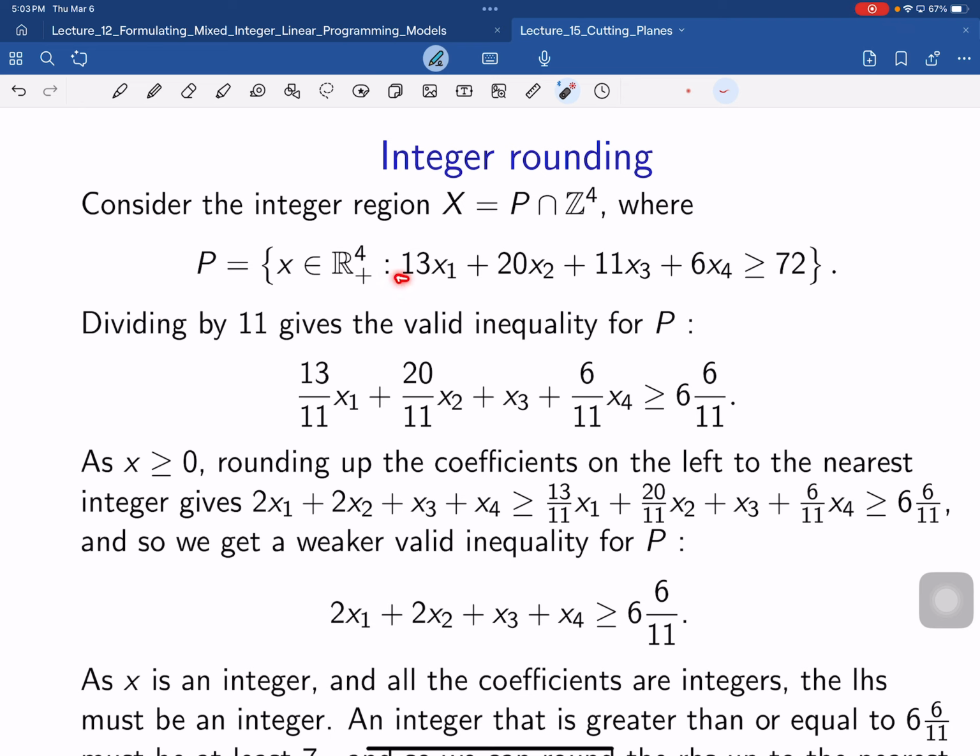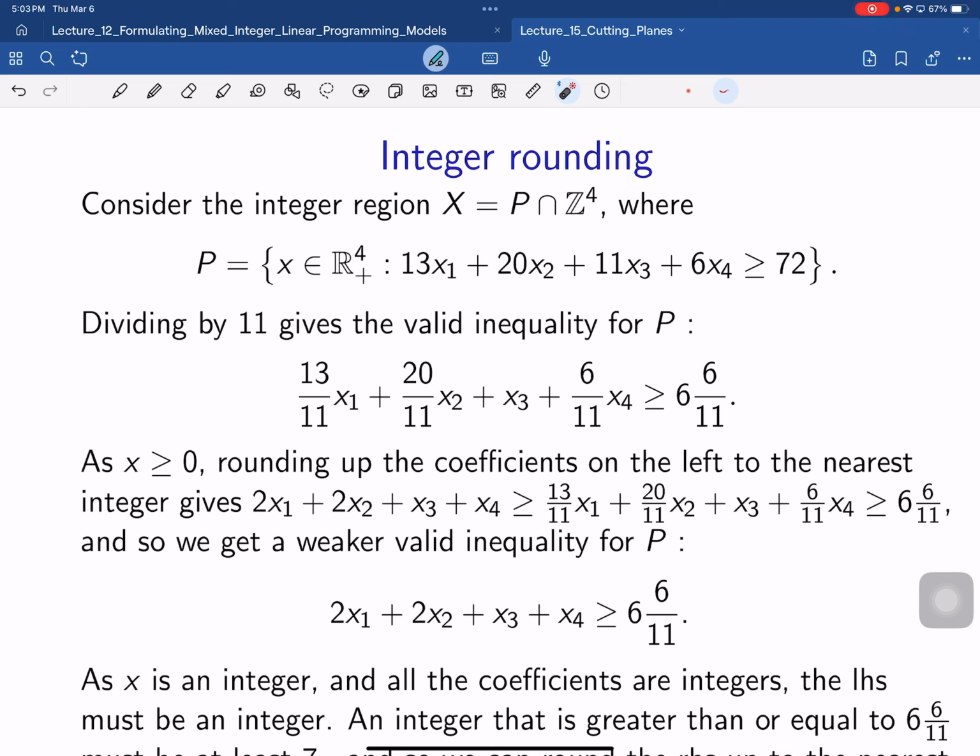And we have this inequality here. So how do we derive a new inequality from this inequality? Here's an example. Let's divide this inequality by 11. Then we get this inequality here. So here I did nothing but divide by 11.